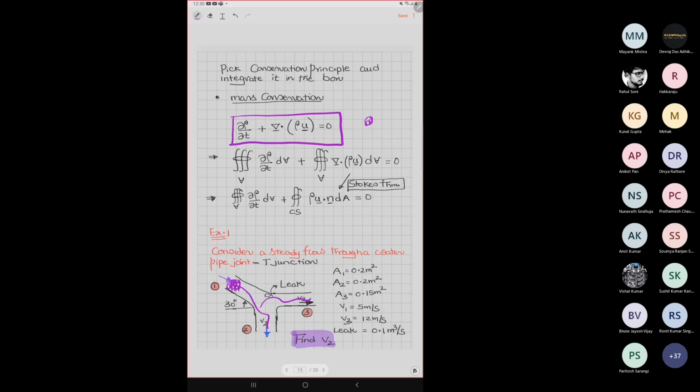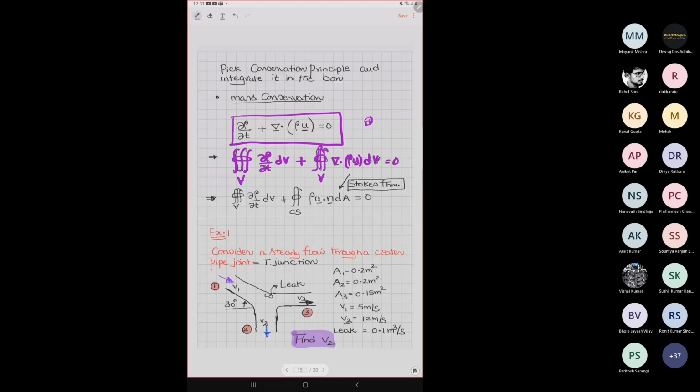That means mathematically, I am saying volume integral, control volume integral, del rho by del t dV of each infinitesimal element plus volume integral divergence of rho u dV is equal to 0.